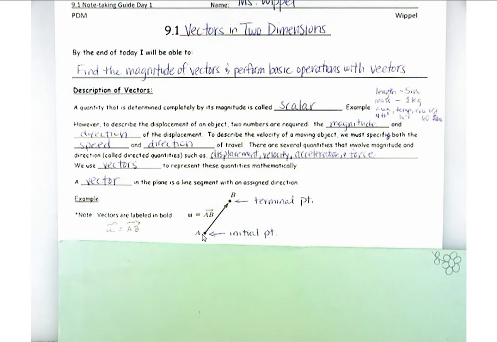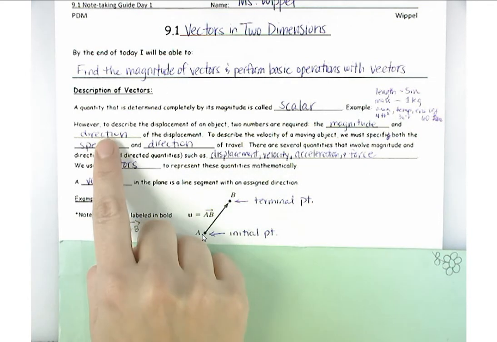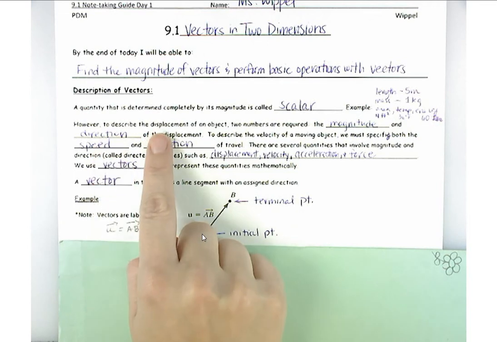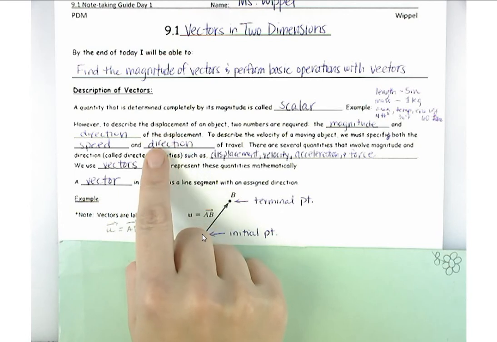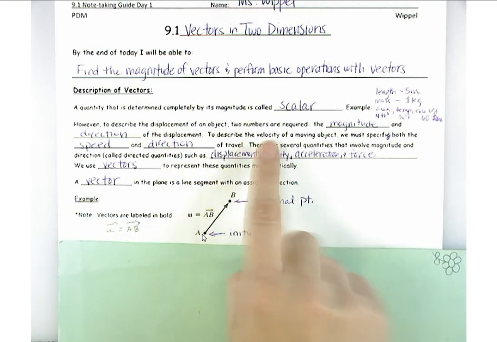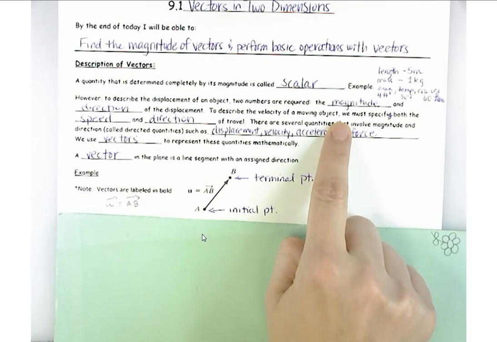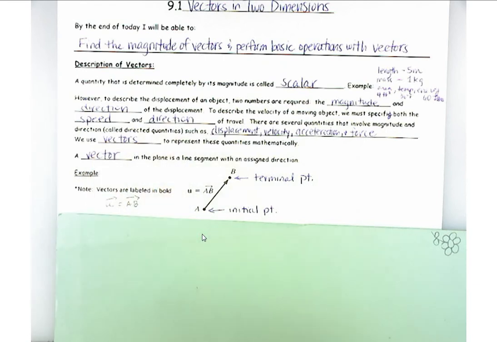Vectors are different. They are represented not only by their magnitude, but also their direction. We describe the displacement, which is really just the position of your vector. And to describe the velocity of a moving object, you specify both the speed and the direction.